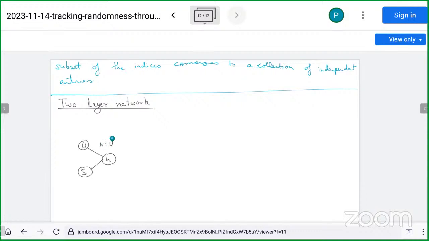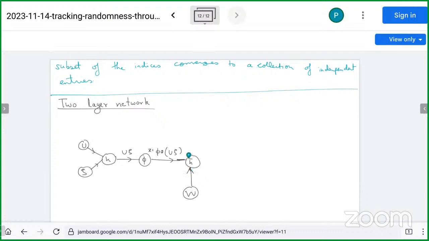That is giving this. Then you apply phi entry-wise, and that's called X. Let me just follow their notation: H bar.